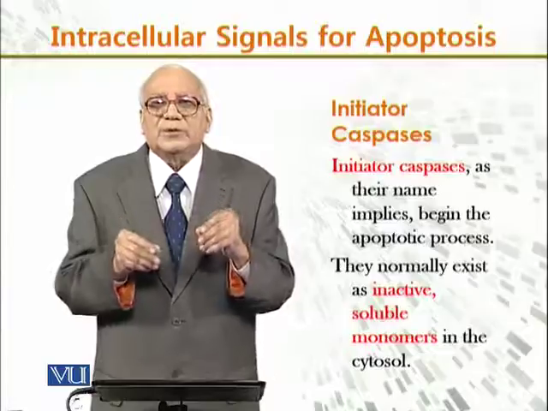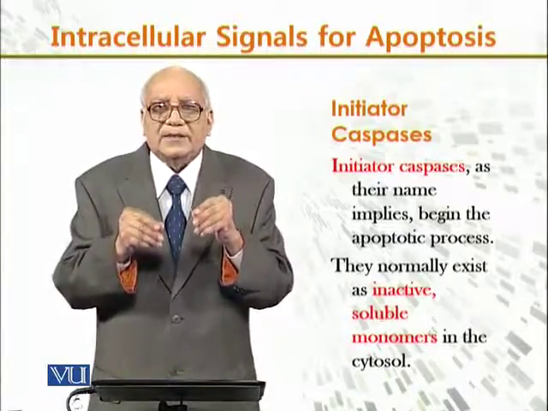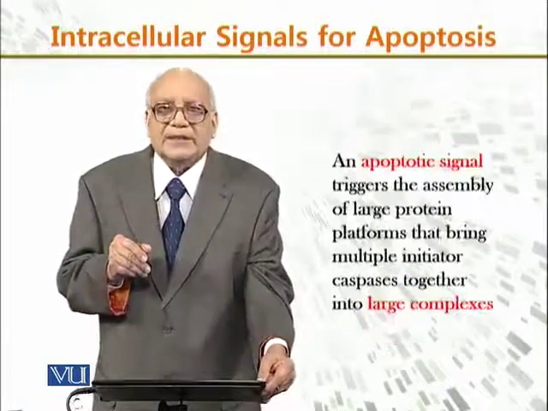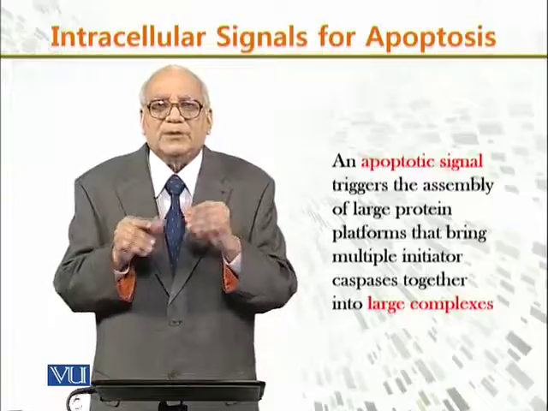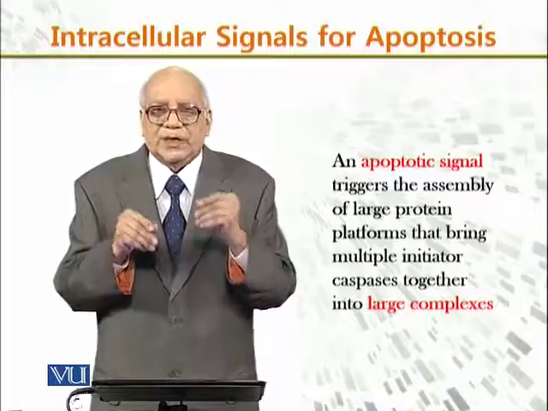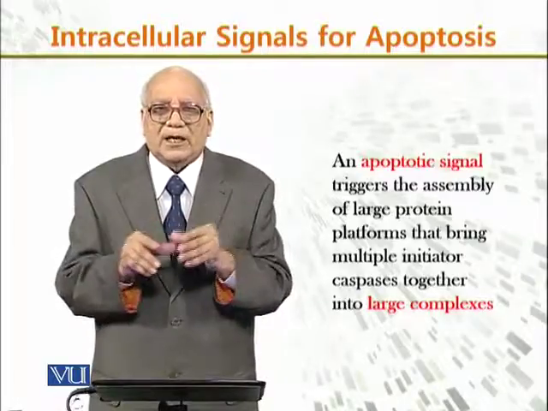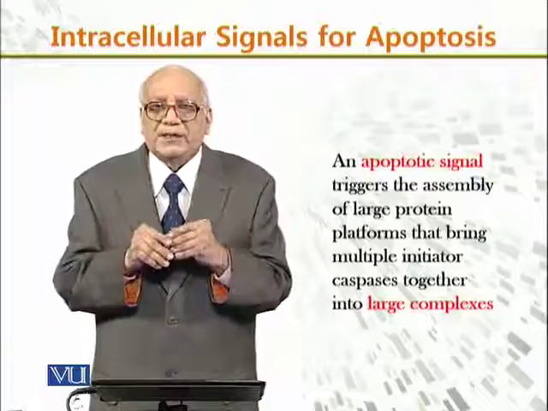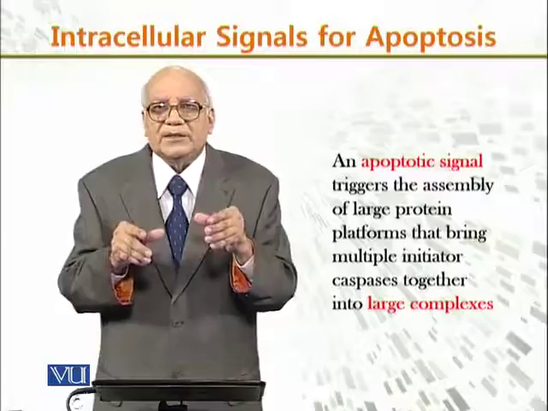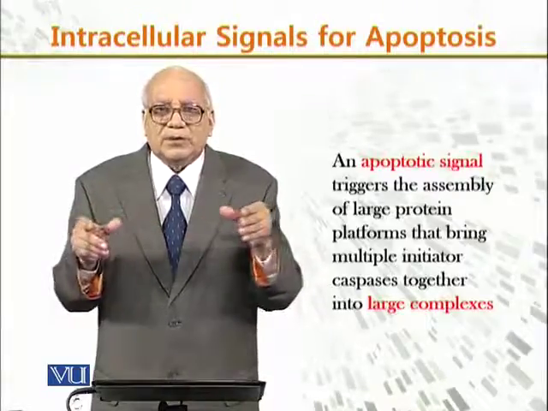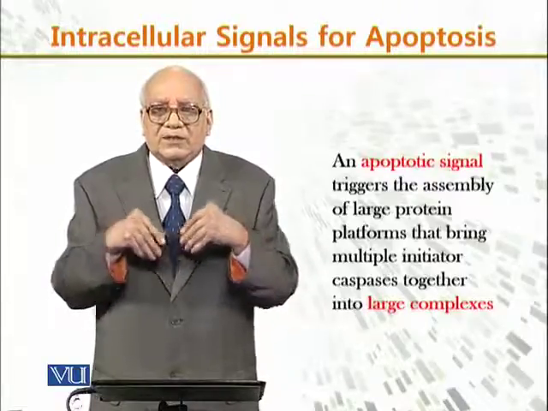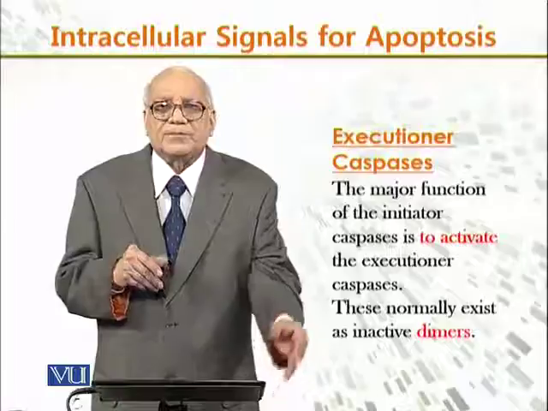In the cytosol of the cell they occur as monomers, single units, but then they become joined together. When an apoptotic signal comes, it triggers the assembly of large protein platforms that bring multiple initiator caspases together, and they become joined in a large complex molecule.